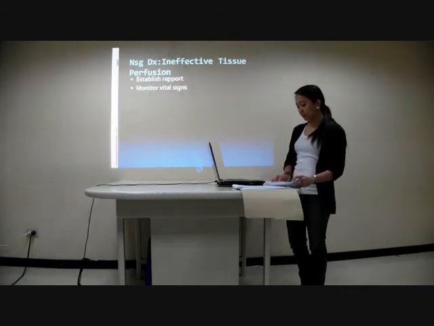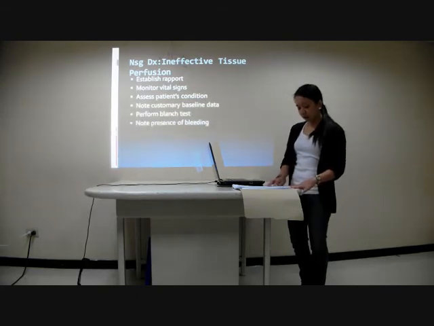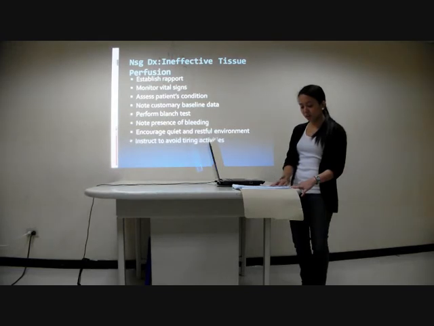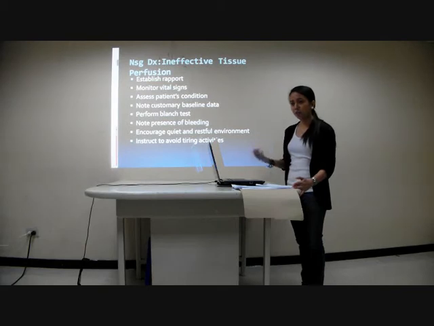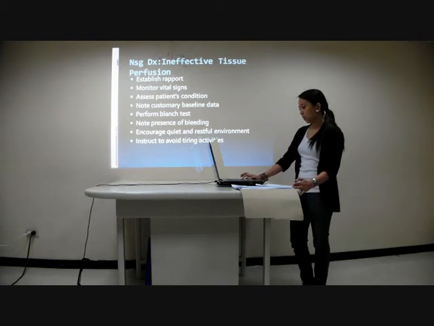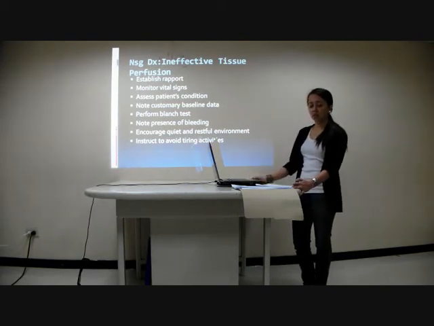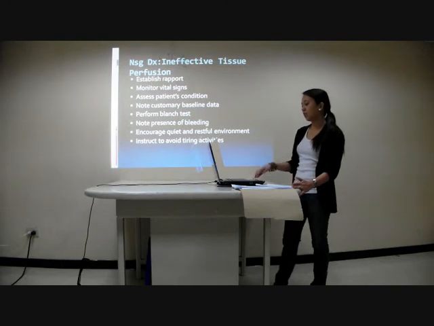The first nursing diagnosis I have identified is ineffective tissue perfusion. This is related to decreased hemoglobin concentration in the blood, since he has already hemoconcentration, decreased RBC, decreased hematocrit level, and even the platelet and white blood cells. So what are the nursing interventions involved? First, as usual, it is important to establish rapport to gain the trust of the patient, especially the folks, since the patient is a pediatric case.